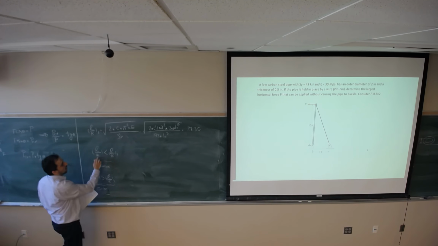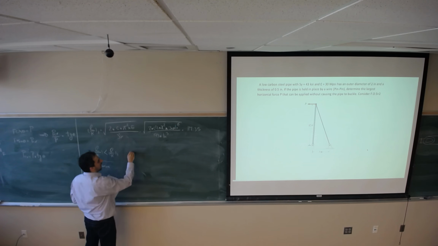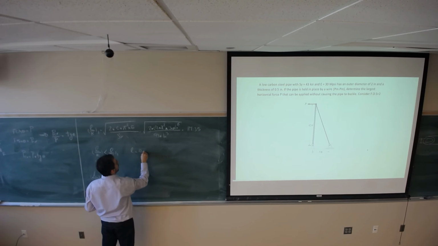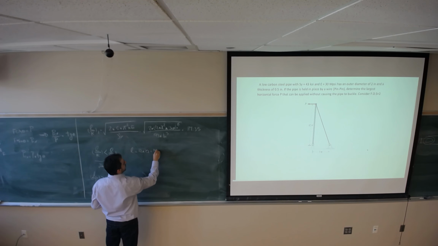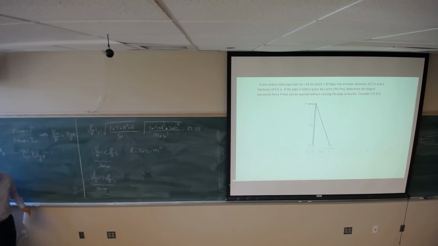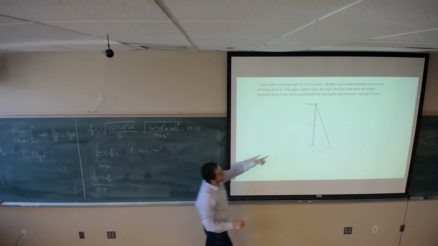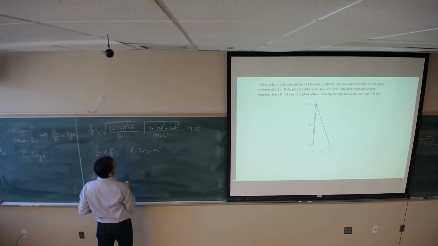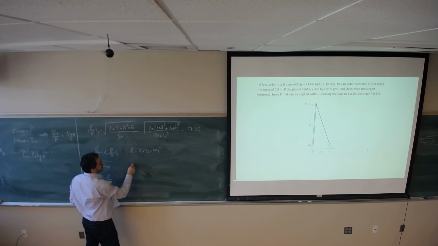Now I need to find L over K to see which criterion should be used. L is 12 feet, so 12 times 12 is 144 inches. The length should be in units of inches.